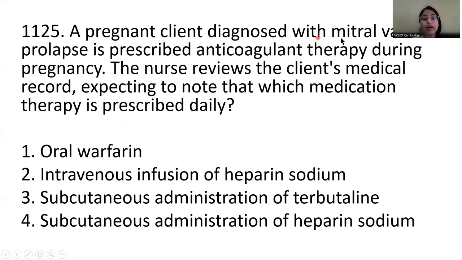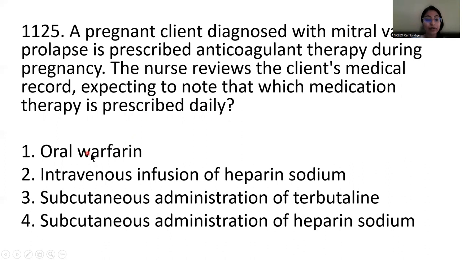Mitral valve prolapse means the mitral valves are not intact and they are flapped, so they are not working properly. In this condition, there can be clotting of blood, so we have to give anticoagulant. What anticoagulant is safe in pregnancy? We have to check from these options.